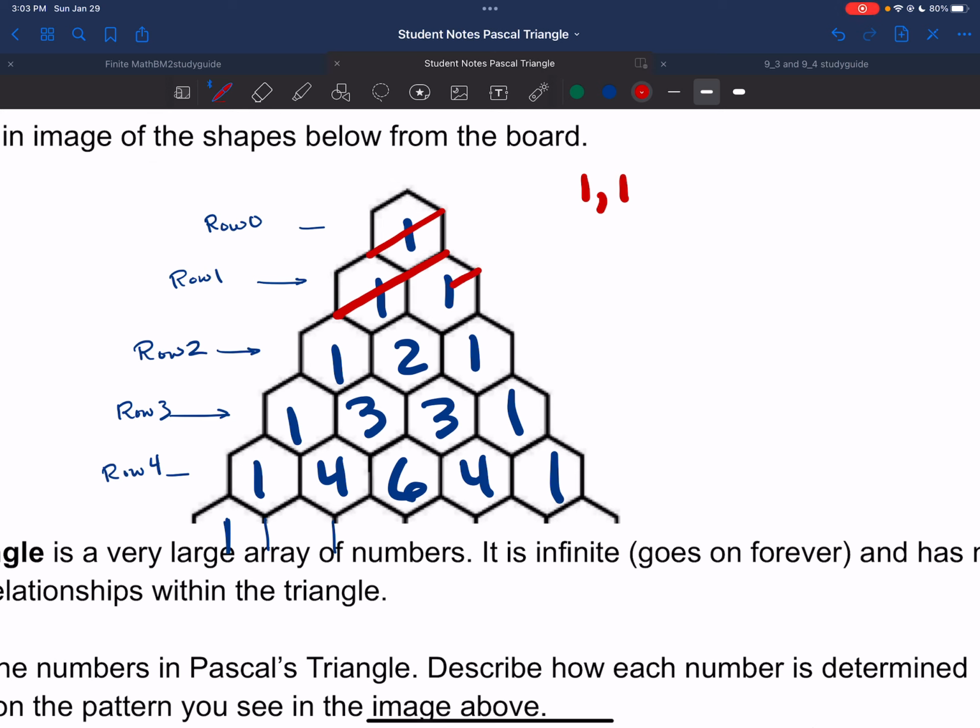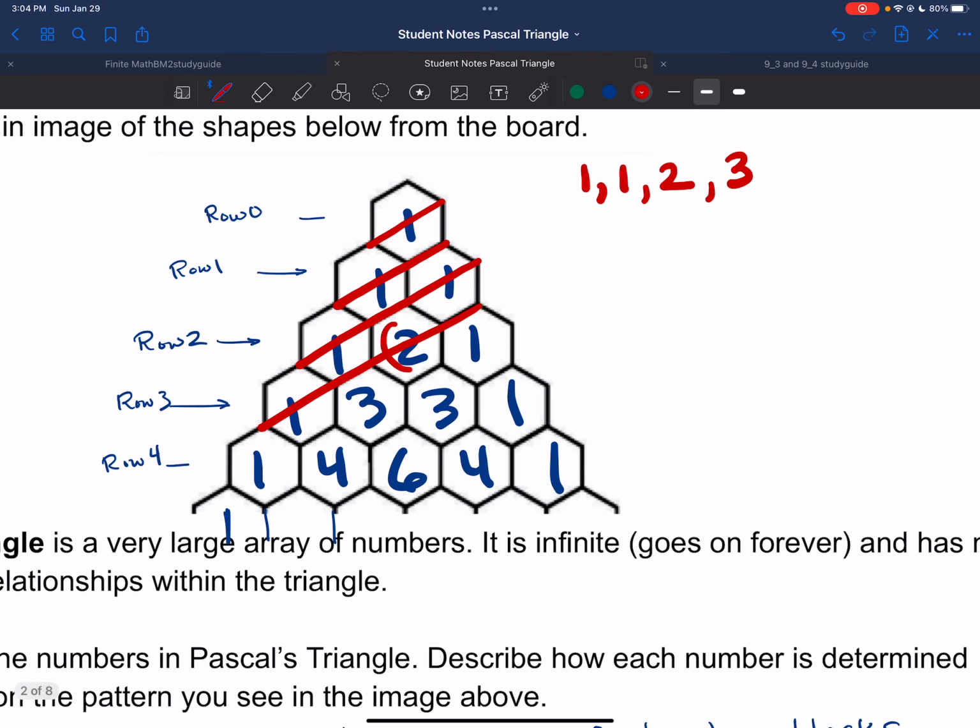If I go through this diagonal, I have 2. Through this diagonal, I have 3. So I'm adding up what I have through those diagonals. This diagonal, I have 5. And this diagonal, I have 8. And it just keeps going if I continue that trend.